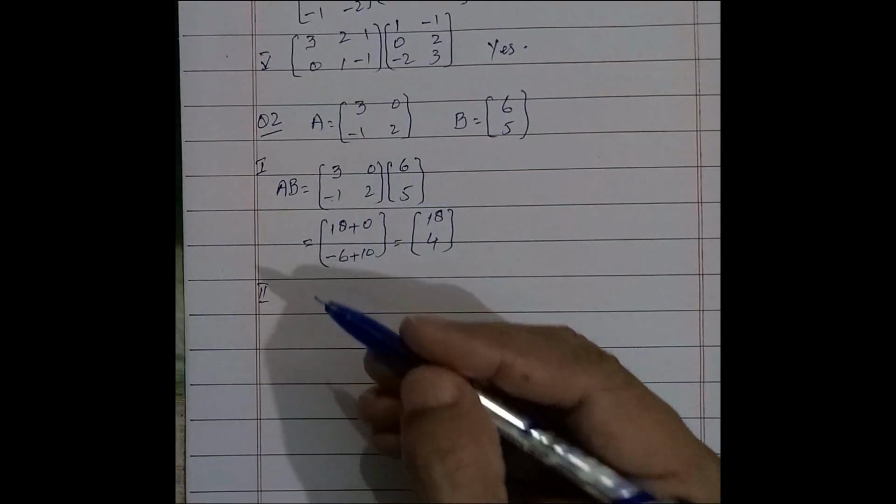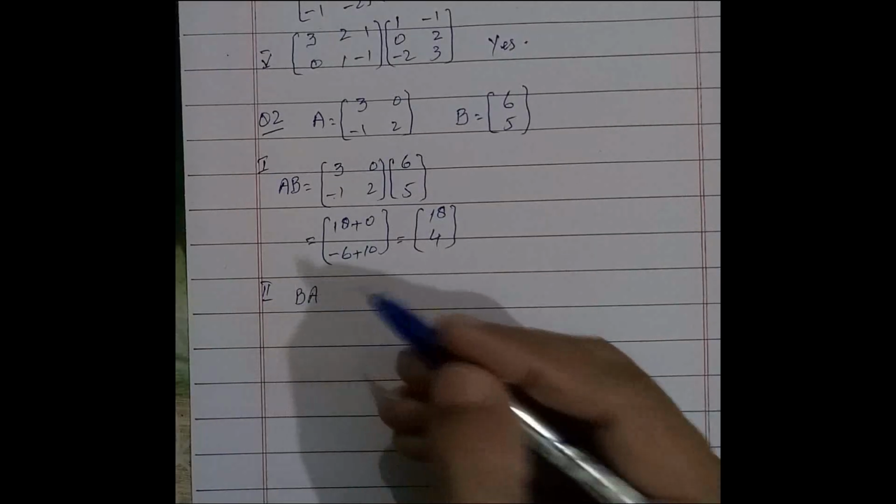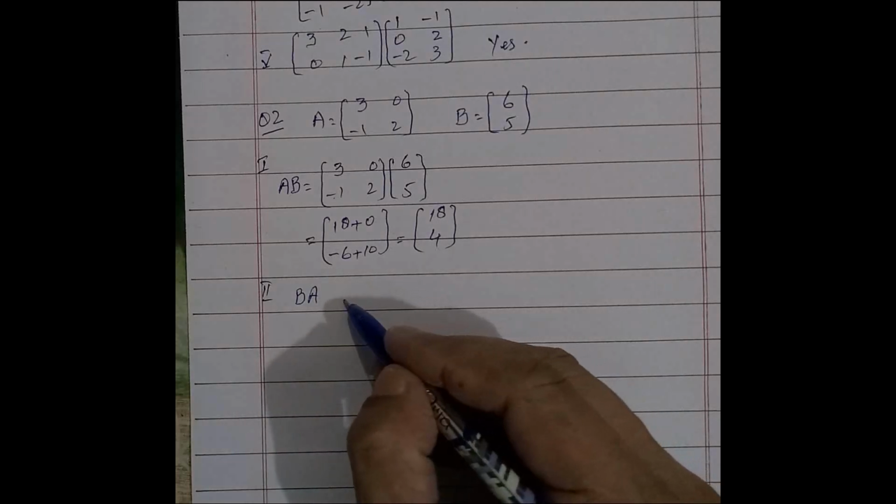And the second part is BA, and write it if possible. So we first write the matrices.